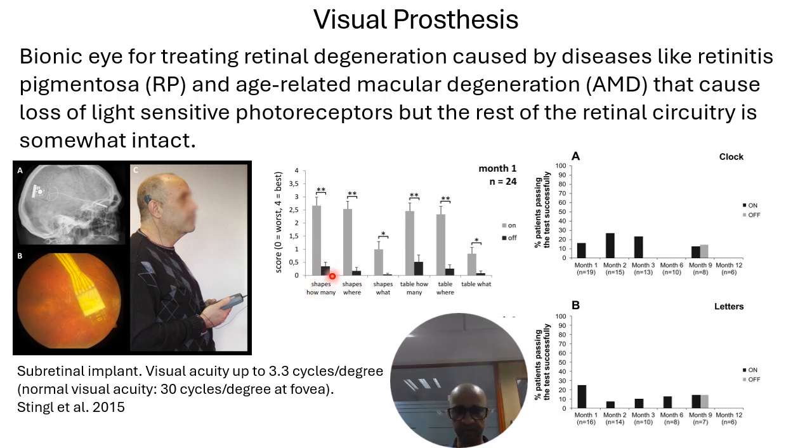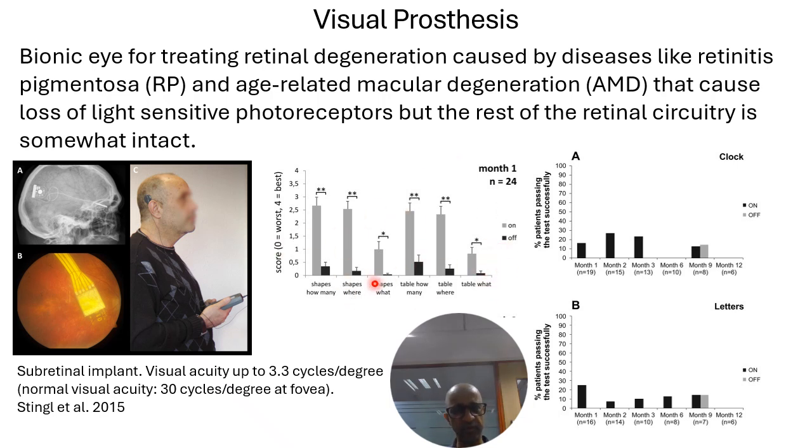They can distinguish where the shape is, what the shape is, circle versus triangle versus square. They can tell you how many tables there are, where the tables are, and is this a table? Is this a chair? That kind of thing.